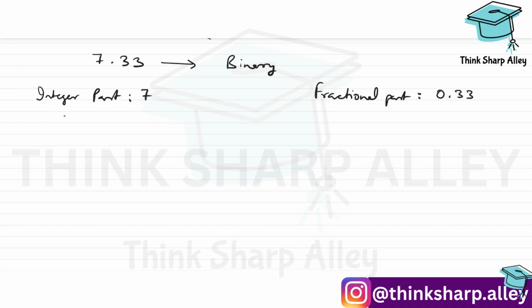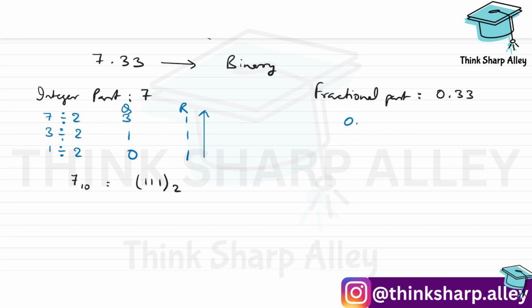So here we will divide continuously by 2. We stop, and here we have to go bottom up, and for the next part we'll keep on multiplying by 2.